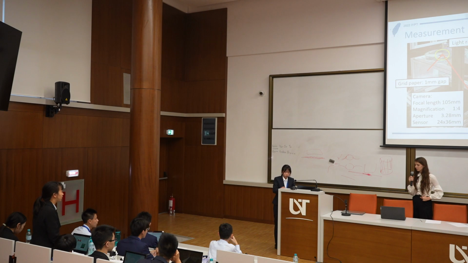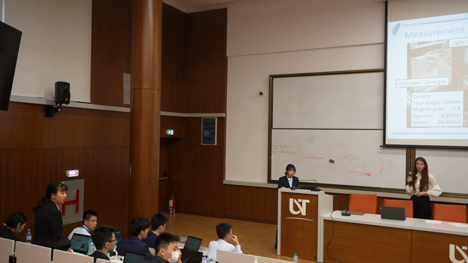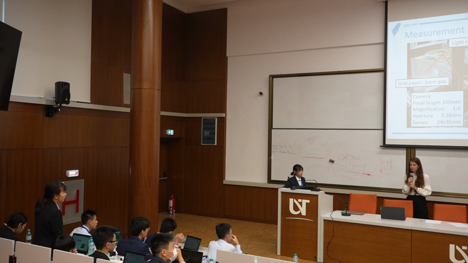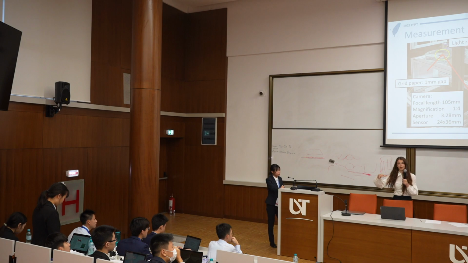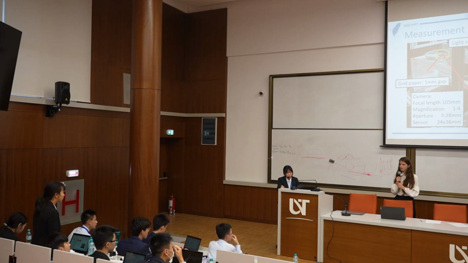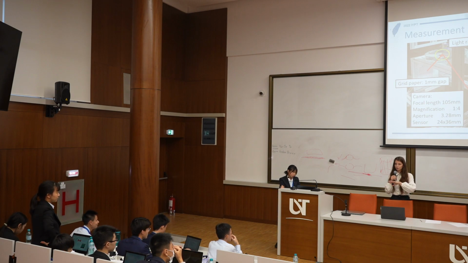Then for the opponent, what key parameters do you think are the most important for this experiment? I think the key parameters important for this experiment are the magnetic field, of course, the strength of the magnetic field used in this research project, as well as some fluid characteristics such as surface tension.